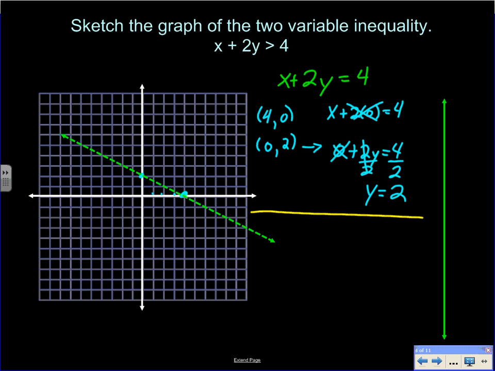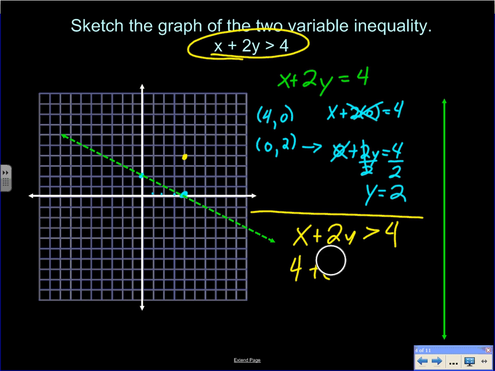Now we have to pick a point to plug into the inequality that will tell us whether that point is a solution to this inequality. Pick 4, 4. I'm just randomly picking a number. X is 4.